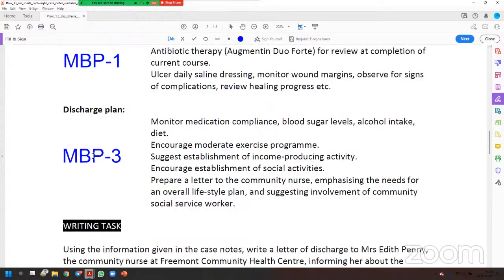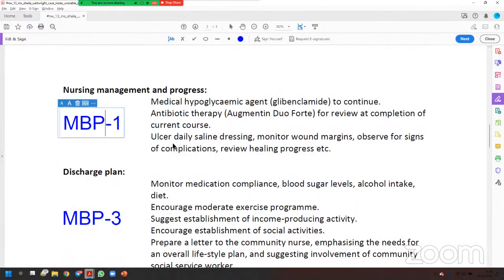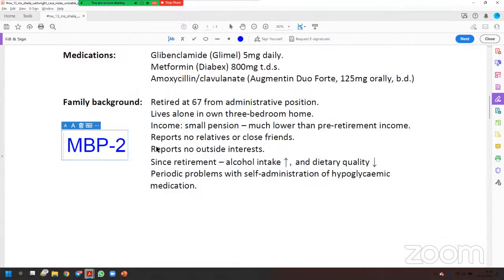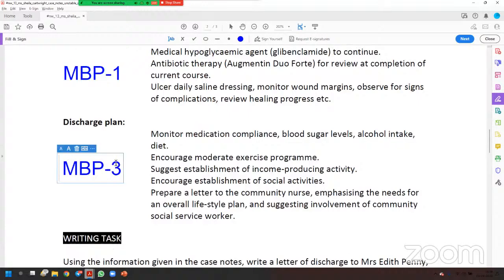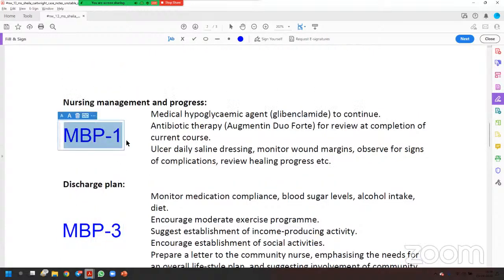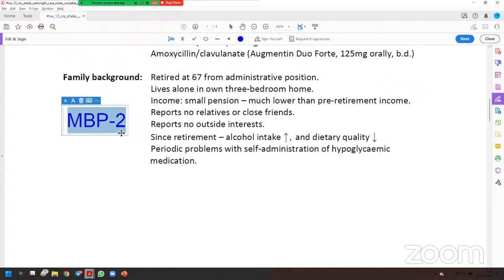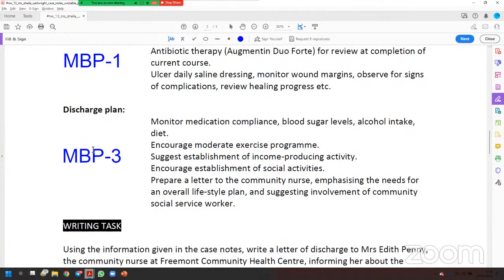And in the third paragraph, after discharge, what he has to do. So this is something like present, complete, and future. This is present, this is the complete story, and this is future. This is the way you can divide it. Now let us see what you can write there.